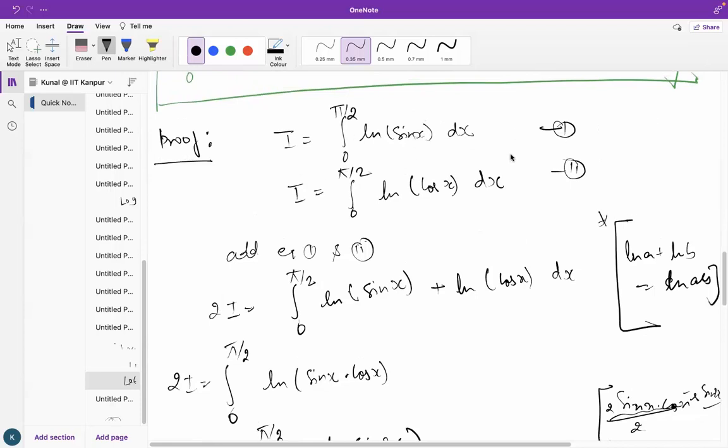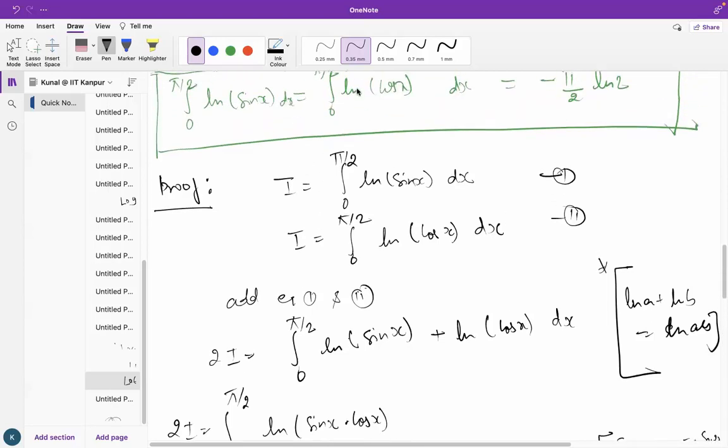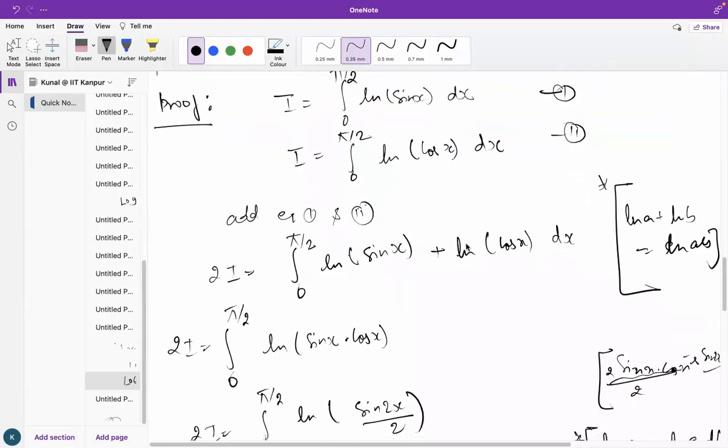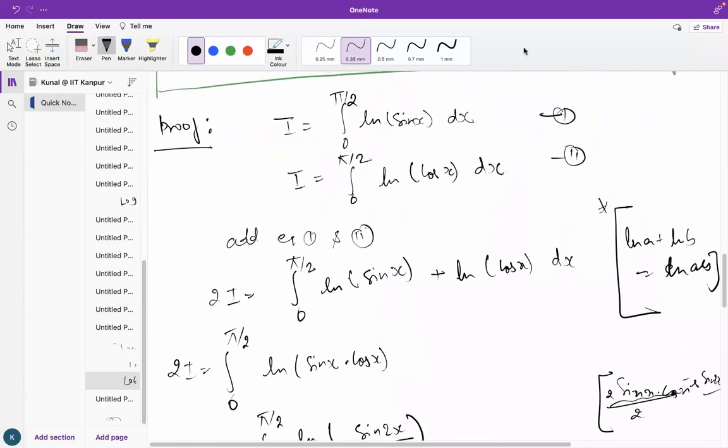So let the integral I be equal to the integral from 0 to pi by 2 of log of sin x dx. And since it is also equal to I, we can also write I is equal to the integral from 0 to pi by 2 of ln of cos x dx. So add equation 1 and 2. When we add equations 1 and 2, what do we get?